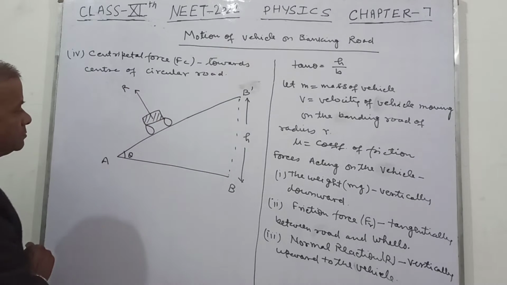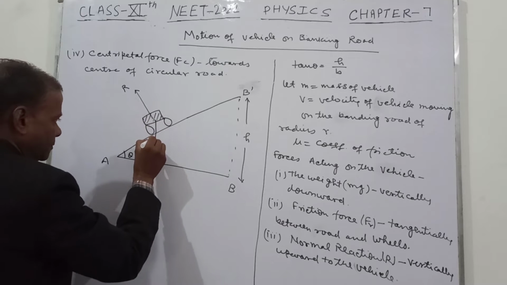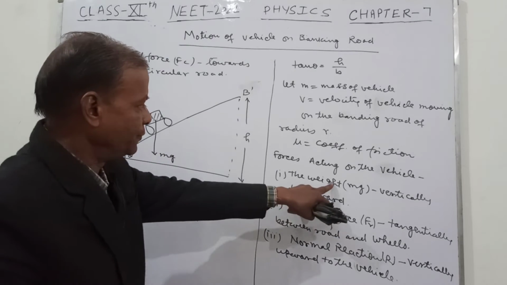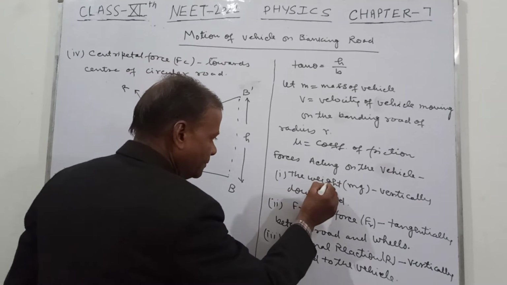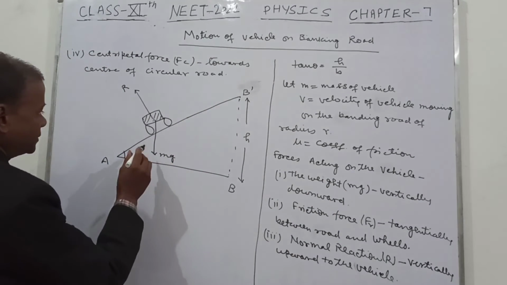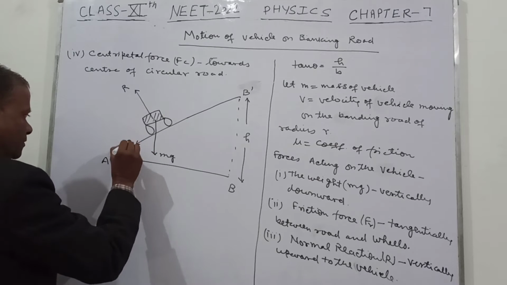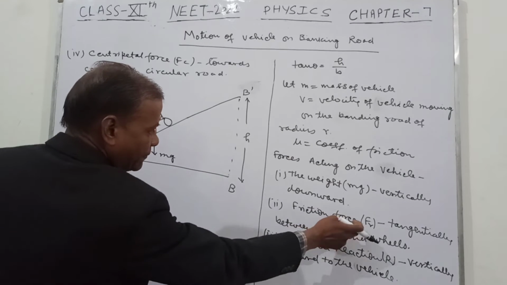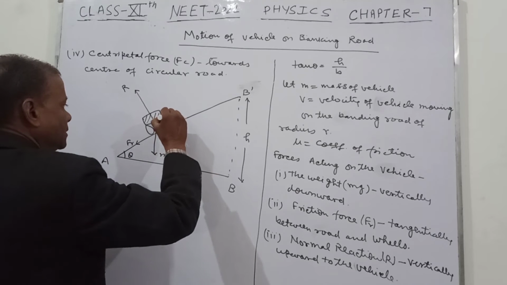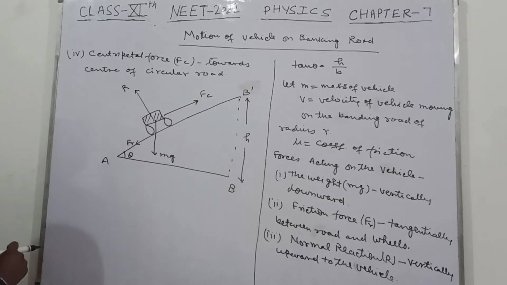This is now R. If this angle is theta, then here we will have a force, the weight mg. Then the frictional force will act in this direction, this is Fr. The centripetal force will act in this direction, this is Fc.